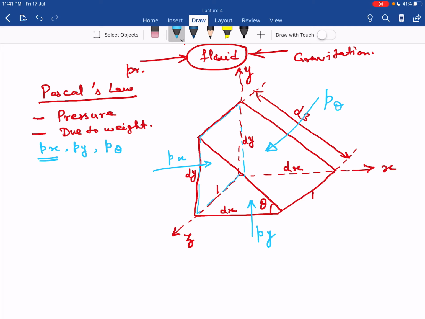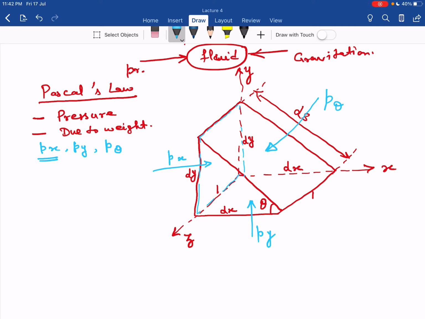Okay. So now we resolve these forces along the x direction. Forces means we resolve these pressure intensities. So pressure intensities multiplied by the corresponding normal area give you the pressure force. And now we resolve the forces along the x and y directions.